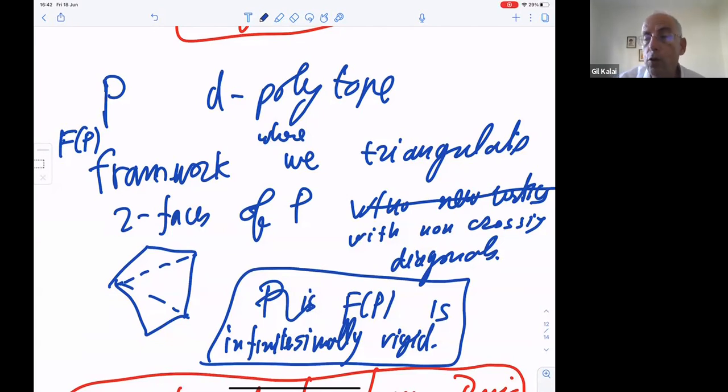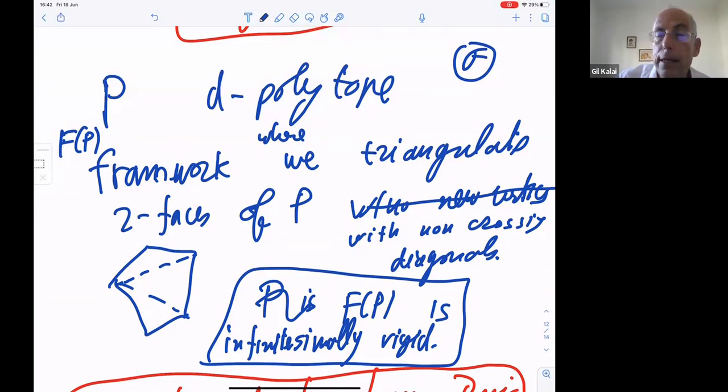And therefore, after you take the framework, you add many more edges, you identify the vertex figures of each vertex inside this large framework. And this vertex figure is d-1 rigid when you triangulate the two-dimensional faces.